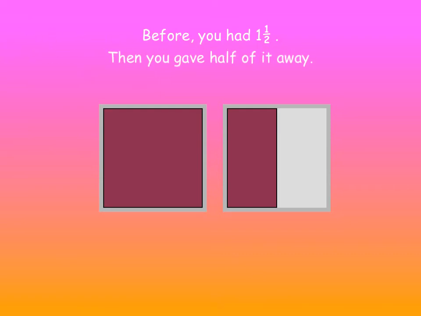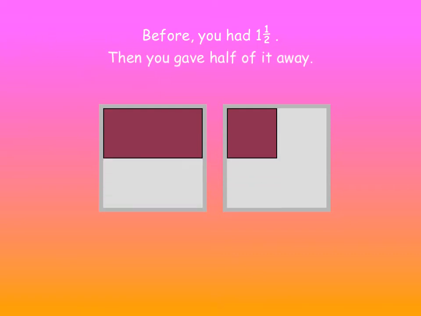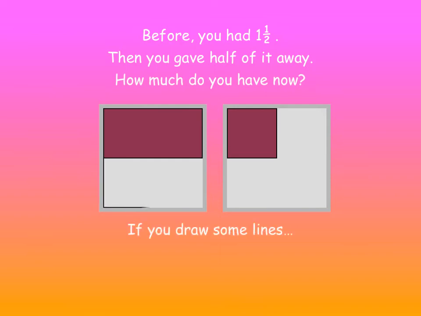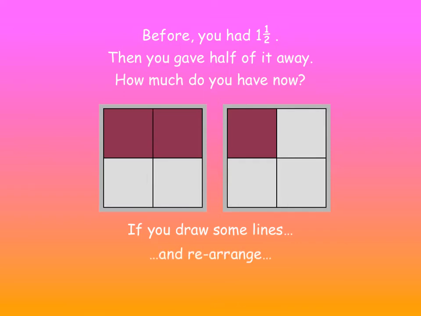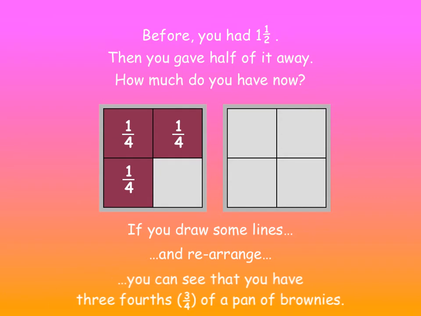But then you gave half of it away. So how much do you have now? What fraction is it? If you draw some lines and rearrange, you can see that you have 3/4 of a pan of brownies.